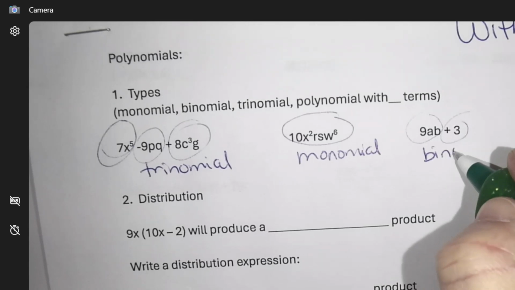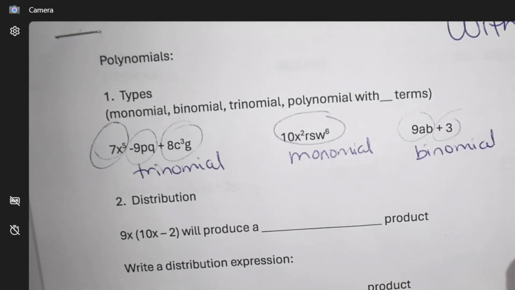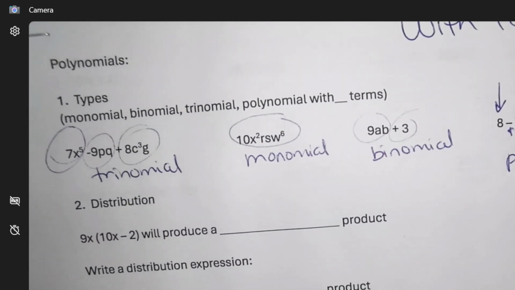So 2. There's a separation, there's a separation, there's a separation. So 1, 2, 3, 4 terms, because 8 is a term, right? 7x. So it's a polynomial, and it's got 4 terms in it.